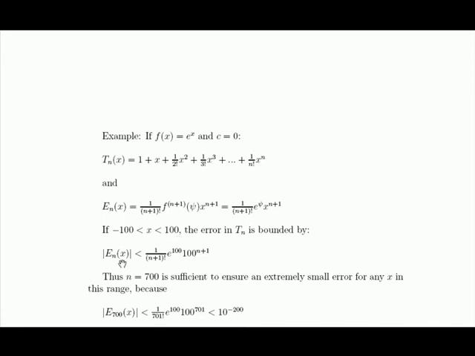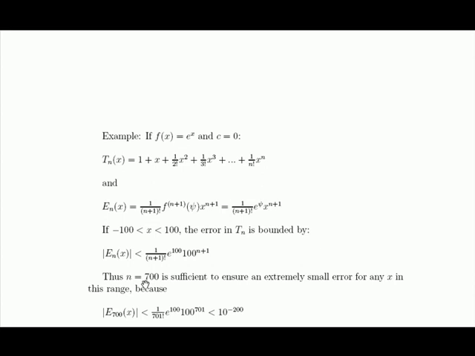In that case, we can get a bound on the error by saying the biggest x can be in absolute value is 100, and since x is between minus 100 and 100 and psi is between x and 0, it also has to be between minus 100 and 100. So the biggest e to the psi can be is when psi is 100. So we get an error bound of e to the 100 times 100 to the n plus 1 power over n plus 1 factorial.